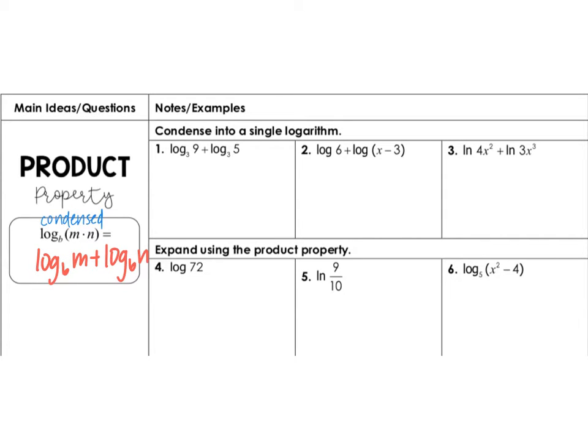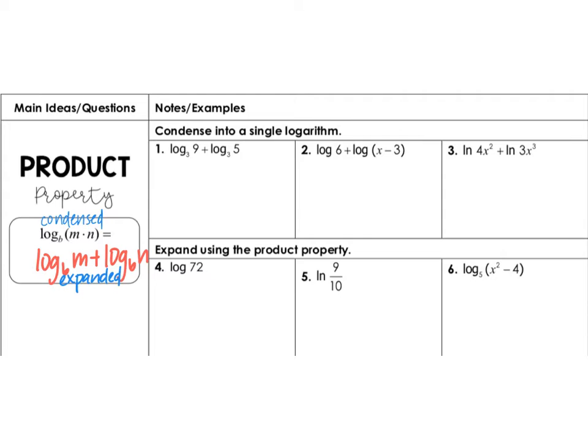Keep in mind that you can condense or expand, so you can go from condensed to expanded or expanded to condensed. So you can move forward and backward. This right here is the expanded version, and this right here is the condensed.